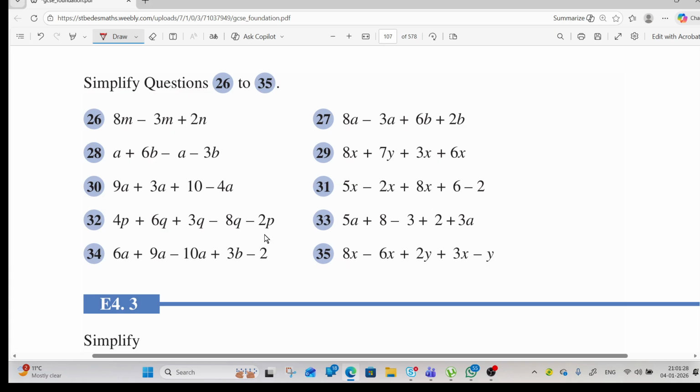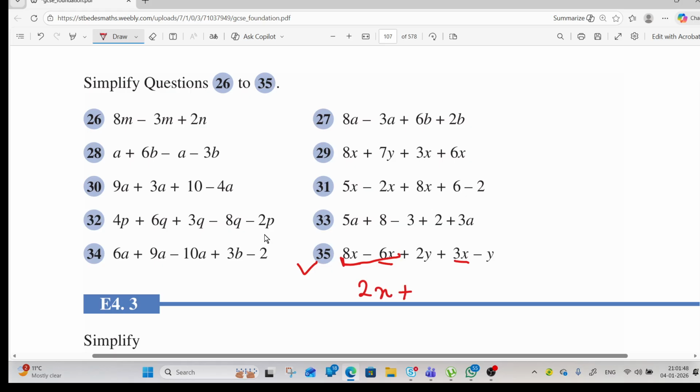Now let's see question number 35. For 8x, what is the like terms pair? If you check 8, 6 and 3, these three terms have x, right? So first we solve these two. 8x minus 6x, you get 2x, right?